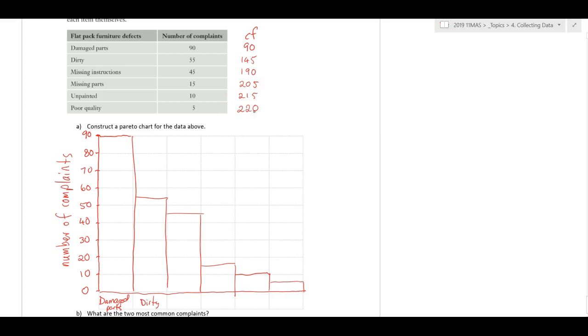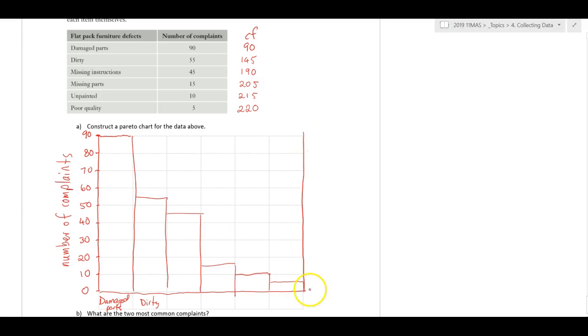So, what I need here is to have this axis here on the right-hand side go up to 220. Now, how's that going to work? If I make it go to 20, 40, 60, 80, 100, 120, 140, 160, it's not going to fit there.